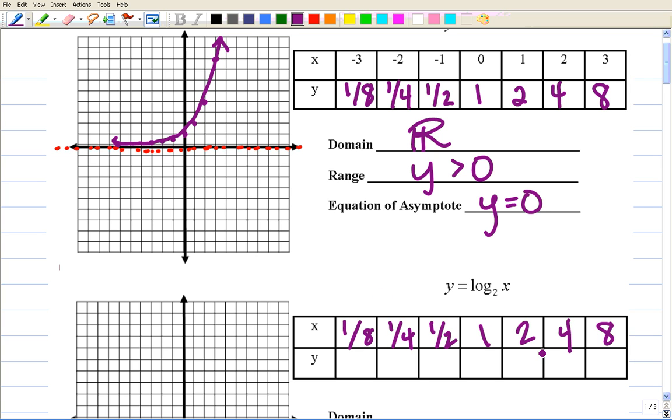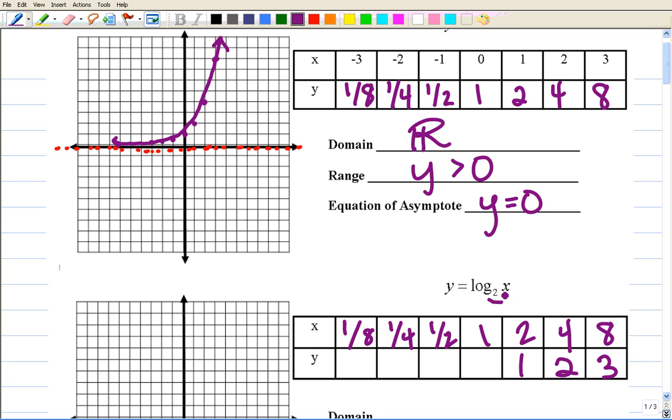Let's pick an easy one to start out with. Okay, what is log base 2 of 2? What exponent do we put on 2 to get itself? Well, anything to the first power is itself. How do we get from 2 to 4? What exponent do we put on this base of 2 to get to 4? Well, 2 squared is 4, and 2 cubed is 8.